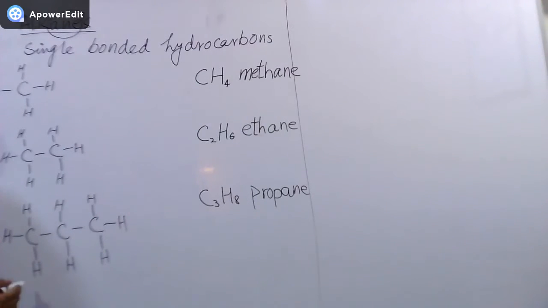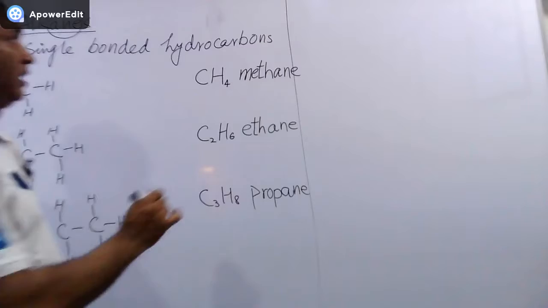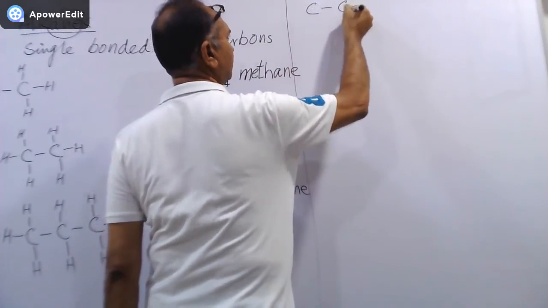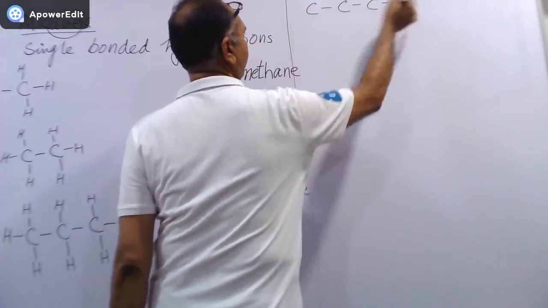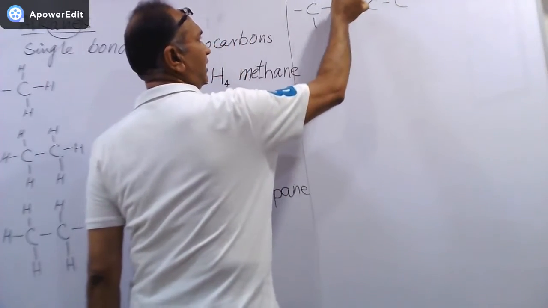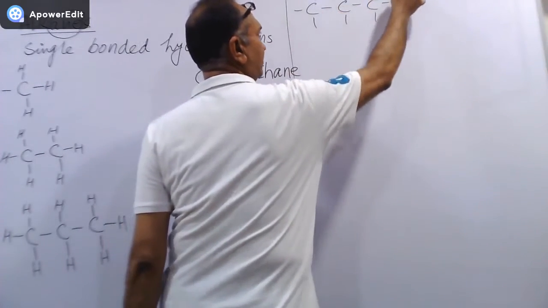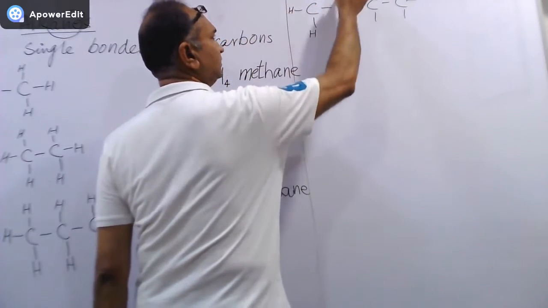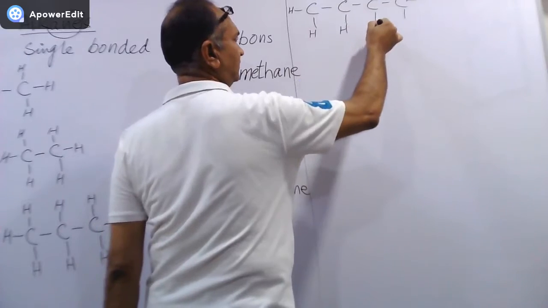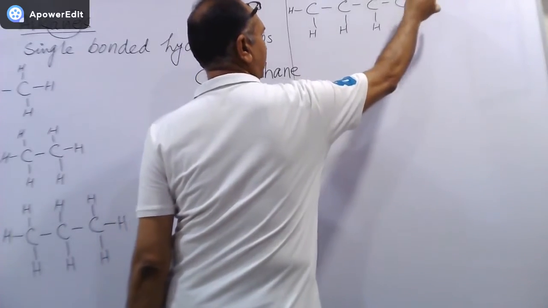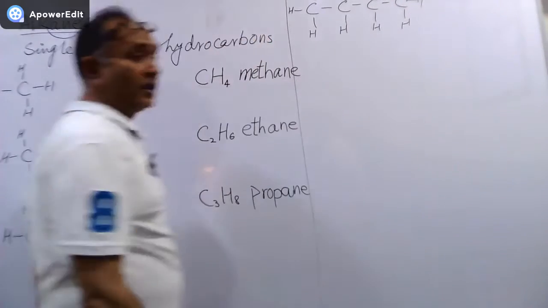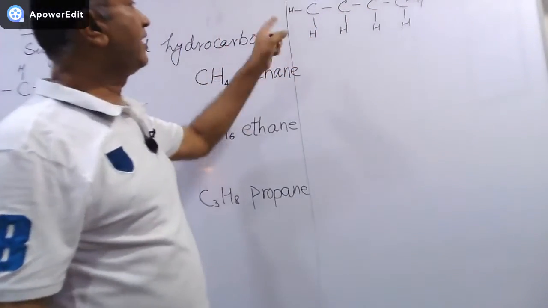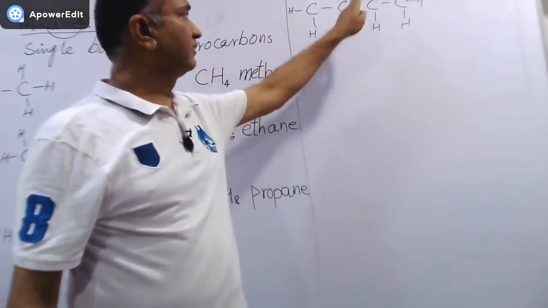Okay? Similarly, if we have 4 carbons connected with each other, satisfying their valencies, how many carbons do we have here? 1, 2, 3, 4. And how many hydrogens? 1, 2, 3, 4, 5, 6, 7, 8, 9, 10.